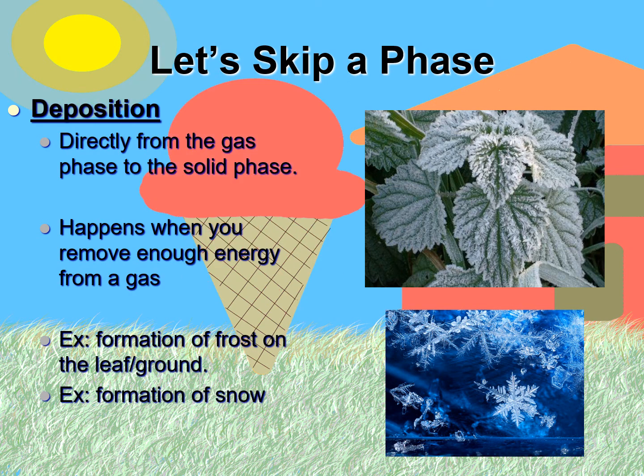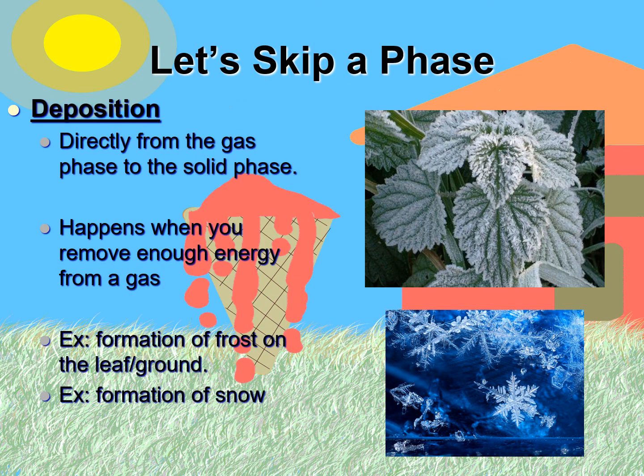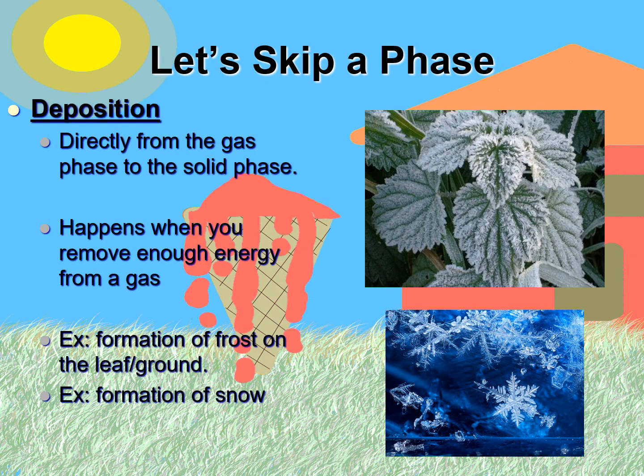Again, snow occurs because of the high energy in the atmosphere, while frost is made because of the enough energy on the ground or on the surface.